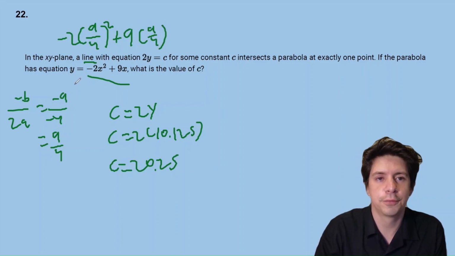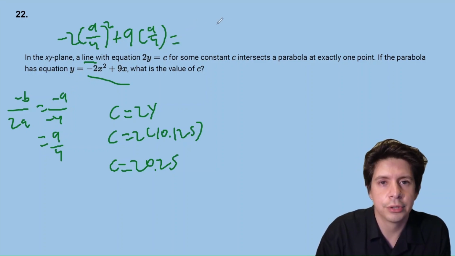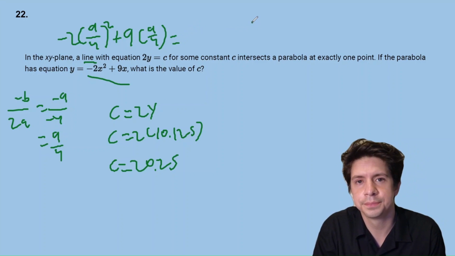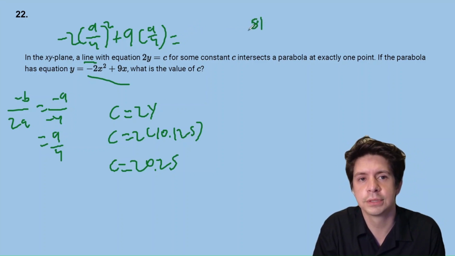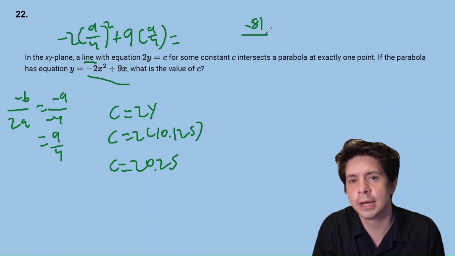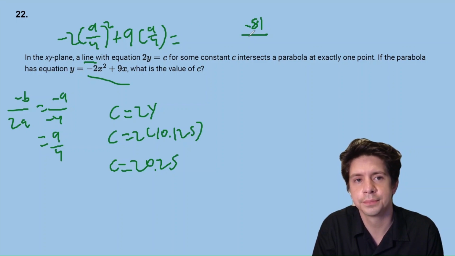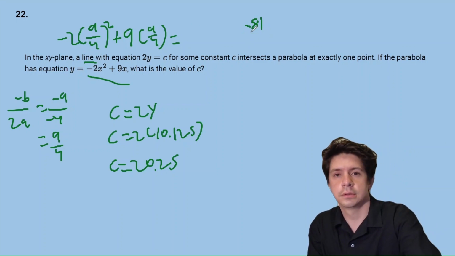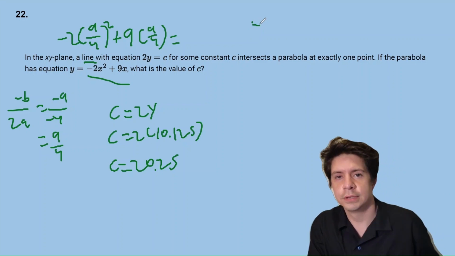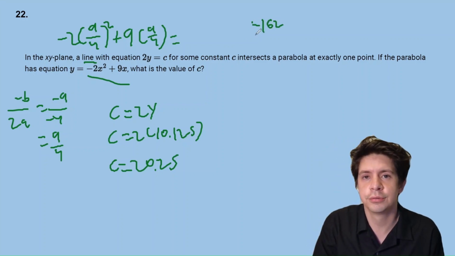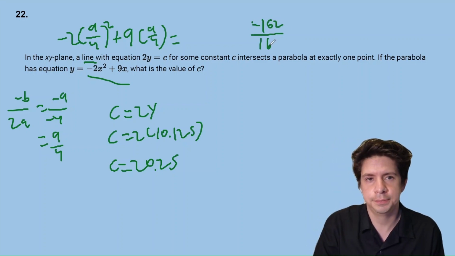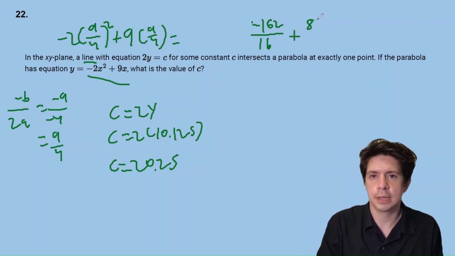So 9 over 4 squared is going to give us, right, 81 over 16. So it's going to be negative 162 over 16, because I'm multiplying by 2, plus 81 over 4.